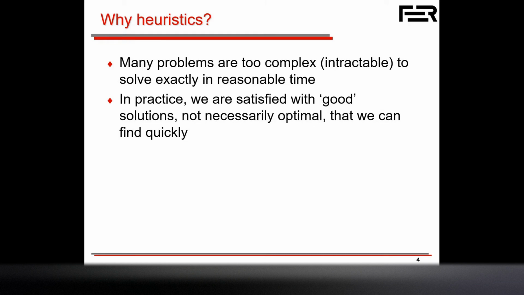And actually, in practice, we are in many cases satisfied with finding a good enough solution, which is not necessarily optimal, but that can be found quickly. So in this case, we are interested in finding a solution quickly, which is, like we said, good enough.